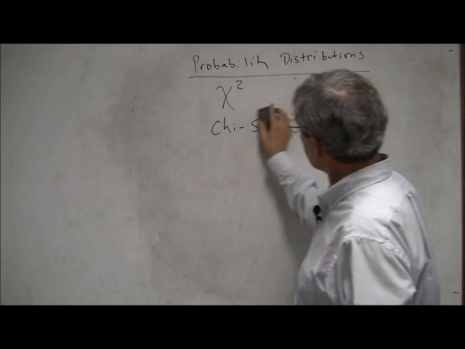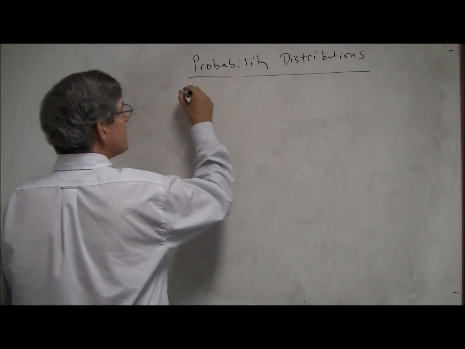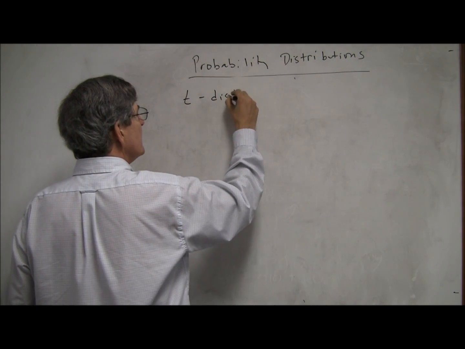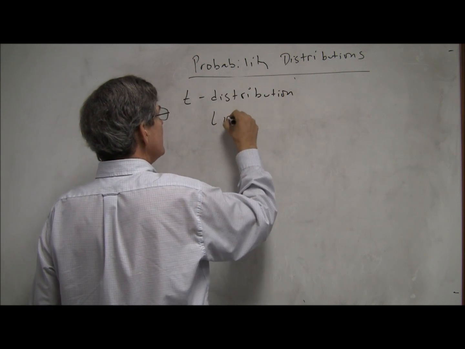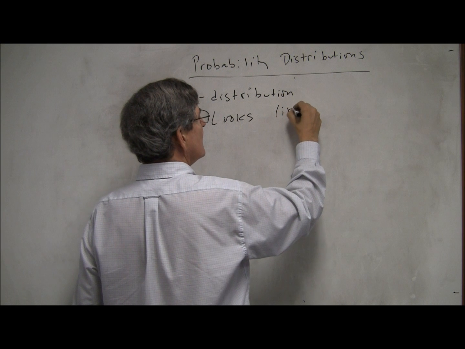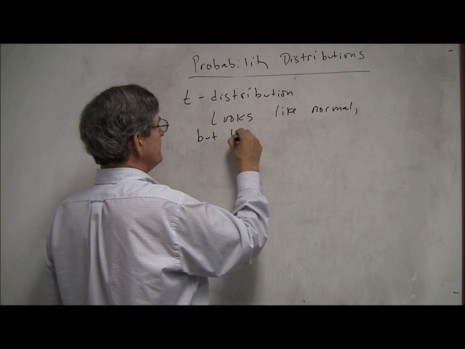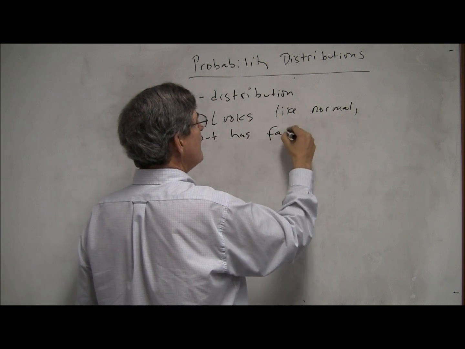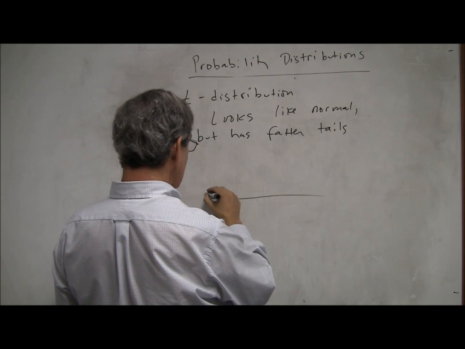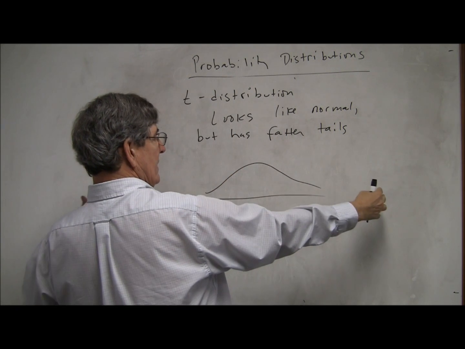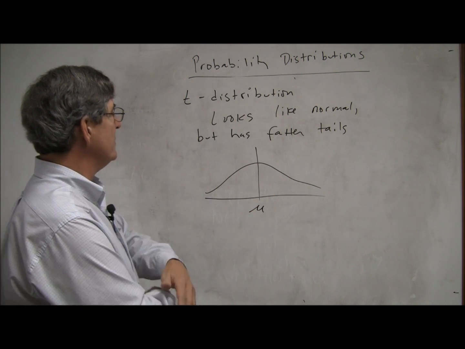Now the next thing is a t-distribution, and those are something that you should have seen a lot of when you were doing statistics. It looks like a normal, but it has fatter tails. There's more probability out in the tails than there is for a normal. So it looks just like a normal, but there's more probability out here in the tails than for a normal distribution.